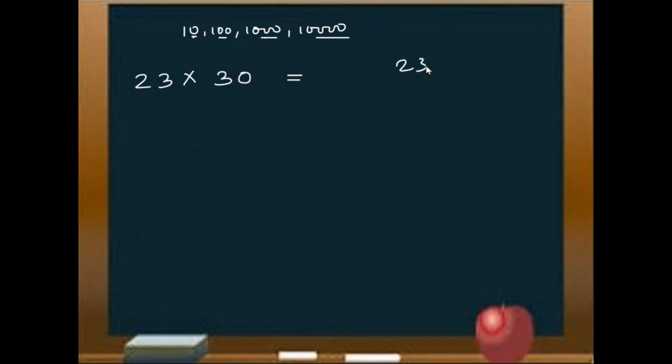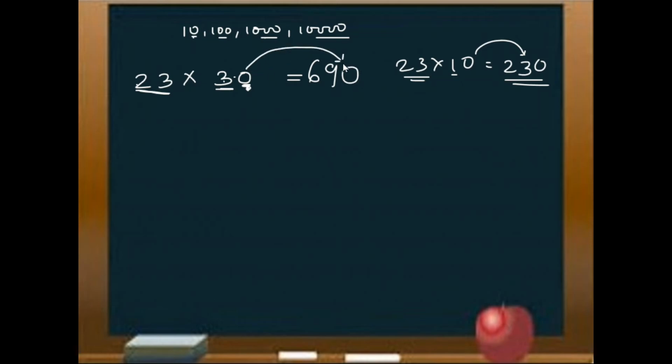As we did 23 times 10, we did 23 times 1 first, which is 23, and then we added this 0 at the end, which gave us 230. The same method we'll do here. We'll multiply 23 with 3 first, which is nothing but 69, because 3 times 3 is 9 and 3 times 2 is 6, so it's 69. And this 0 we are going to add at the end. So the answer is 690.